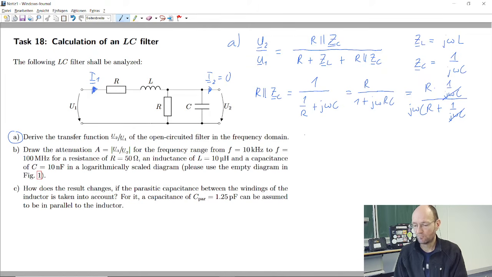Okay, so now we can take this, and it's even sometimes difficult to find for me where my pen is. So we can take this and insert it here and insert it there into our voltage divider rule.